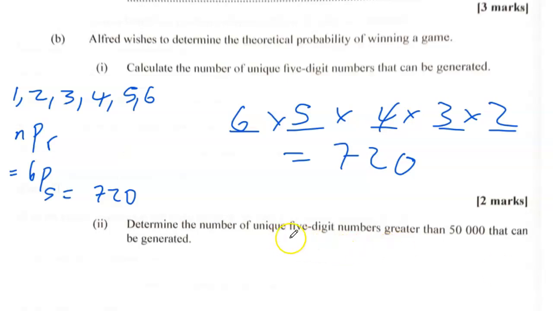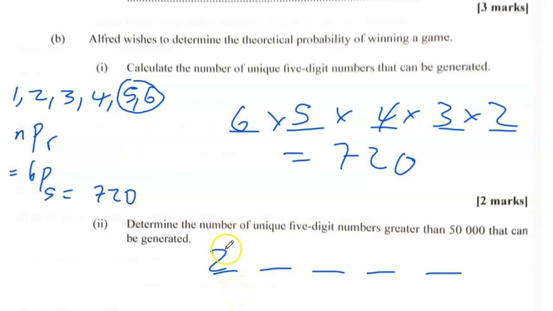Determine the number of unique 5-digit numbers greater than 50,000 that can be generated. So again, the number has 5 digits, let me put the slots here, 1, 2, 3, 4, 5. Now, for the number to be greater than 50,000, you'd have to begin with 5 or 6. So in the first slot, there are 2 possible numbers that can go there.